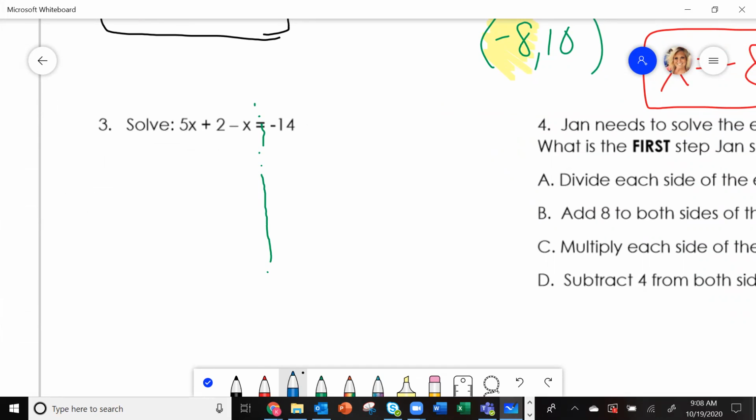Remember that you're putting this left-hand side, y equals 5x plus 2 minus x, in the calculator, and then y equals -14.